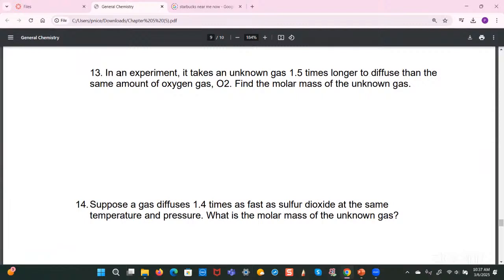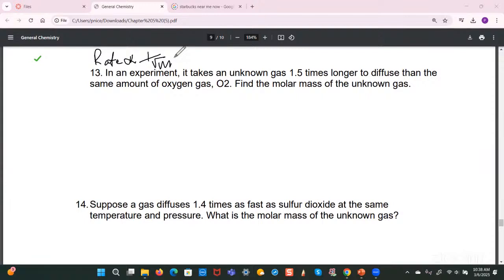Because remember, the law talks about the rate of diffusion as it relates to the molar mass. Basically, the law says that the rate of diffusion is inversely proportional to the square root of the molar mass of the gas, right? Rate deals with how fast, right?